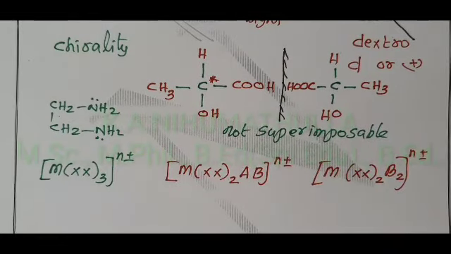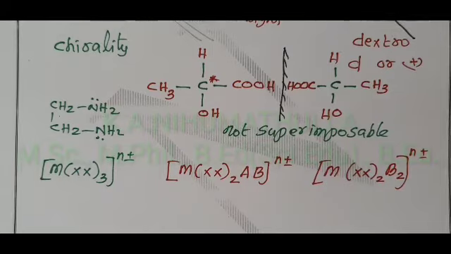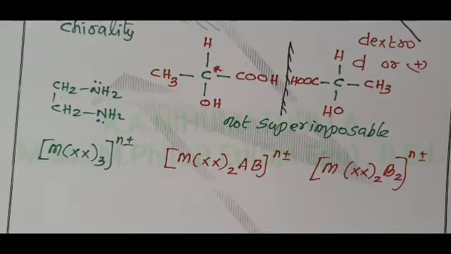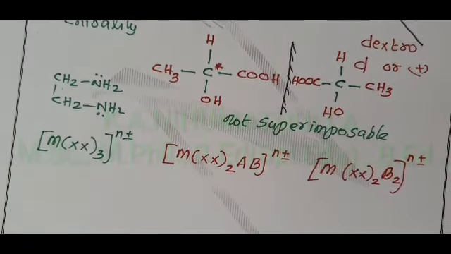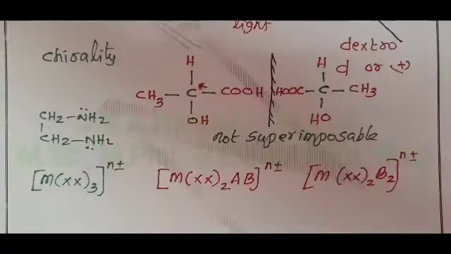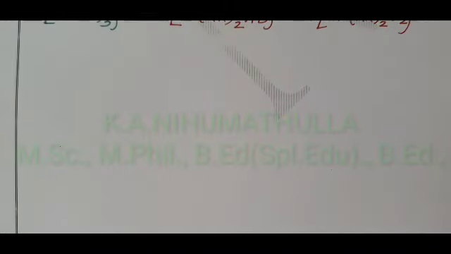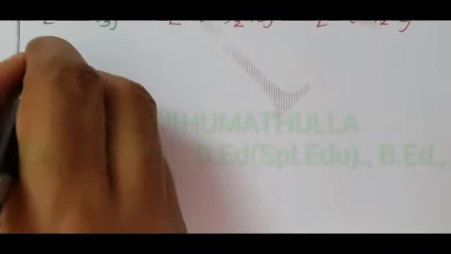Now we are going to see one example for the first isomer. The first isomer is cobalt, central metal ion cobalt. It is a 3 plus ion.